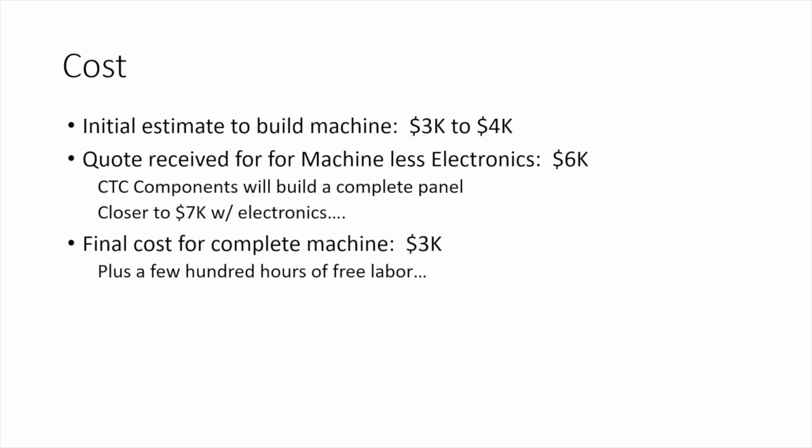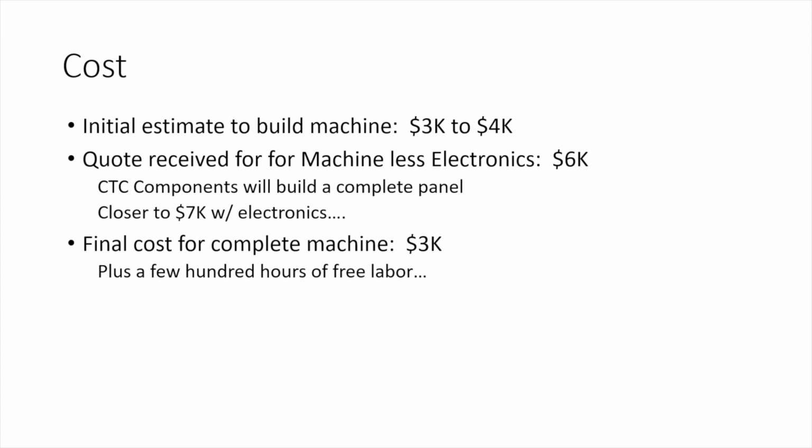In the course of getting quotes for all the piece parts from CTC Components, and they were very responsive, they did offer to quote the entire job for me. And when I say entire, I'm really saying the enclosure, the panel, all of the model board, all the hardware on the outside of the machine. It would not have included any of the electronics or wiring inside the machine.